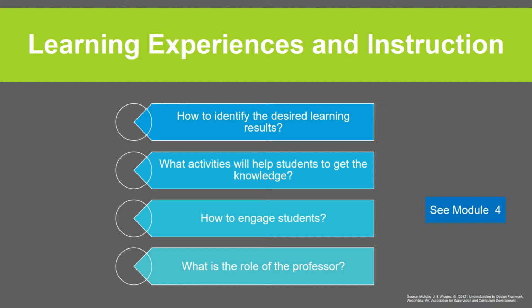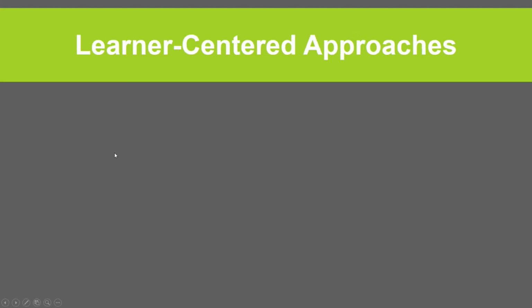Also, what activities will help students to get to the knowledge or to understand what you're trying to teach them. You'll think about ways to engage students, and you'll also think about what is your role as a professor. And you'll see that that role may shift to being more of a facilitator of instruction. We'll dive deeper into these questions and these components in Module 4.